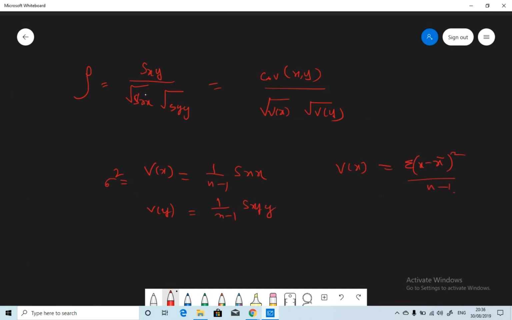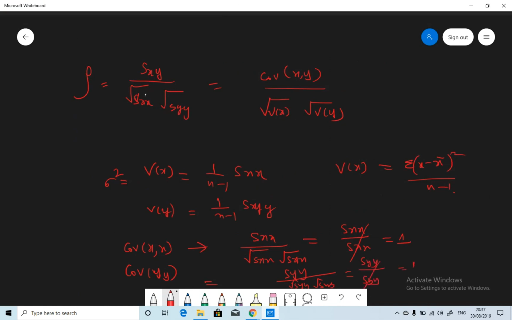Now covariance of x comma x will be what? Ideally Sxx by square root of Sxx into square root of Sxx. So this will become Sxx by Sxx, which is 1. What is covariance of y comma y? Syy by square root of Syy into square root of Syy. So Syy by Syy also becomes 1. So correlation between identical variables is always 1.